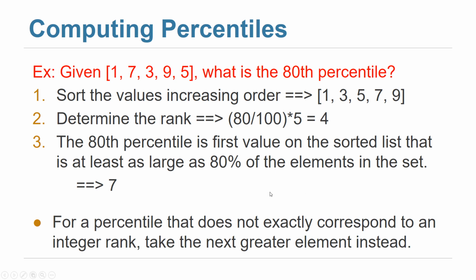So in this case, based on the definition, we want the value that is at least as large as 50%, which means that we will take the next greater element. For this example, it will be 5, because the next greater integer after 2.5 is 3, so the value of the 50th percentile in this case will be 5. Okay, so if the rank is an integer, then we get the value immediately. If it's not, then we get the next one, and that will be the needed percentile.